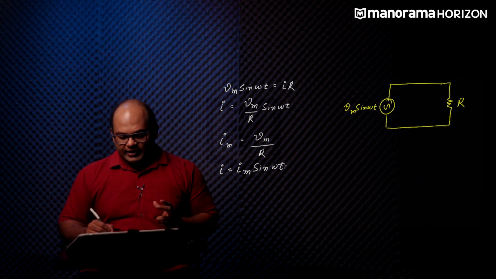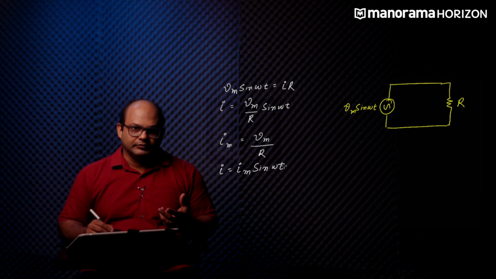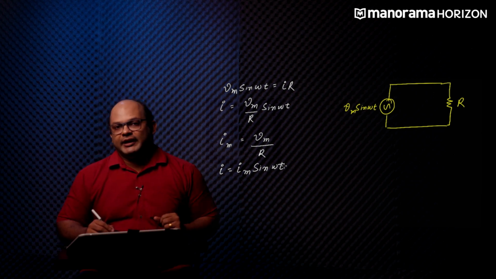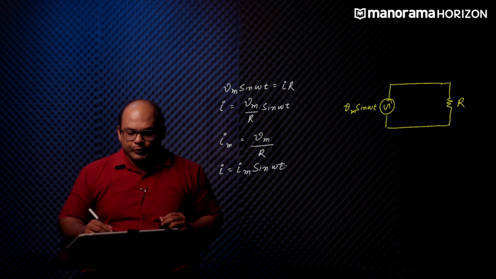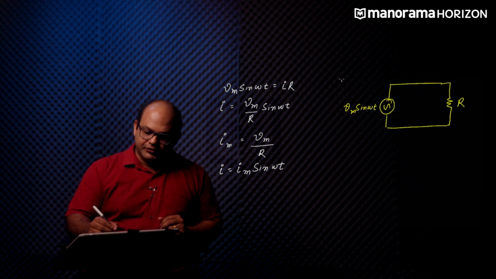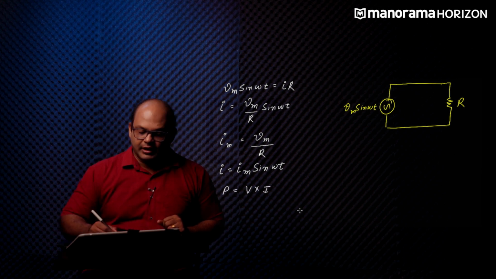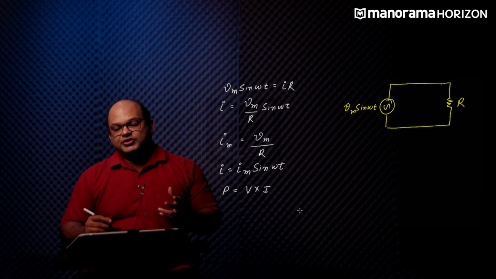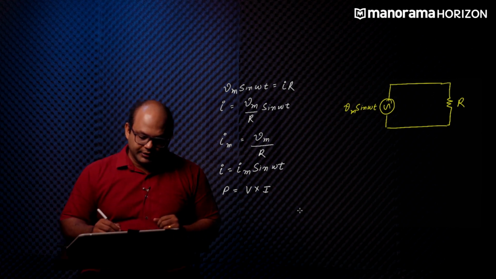Now the question arises, how can we calculate the amount of power that is being absorbed by this circuit or by this resistor? You may recall that the power for a system under DC conditions is given by the formula P is equal to V multiplied by I, where V is the voltage across the component and I is the current through the component.